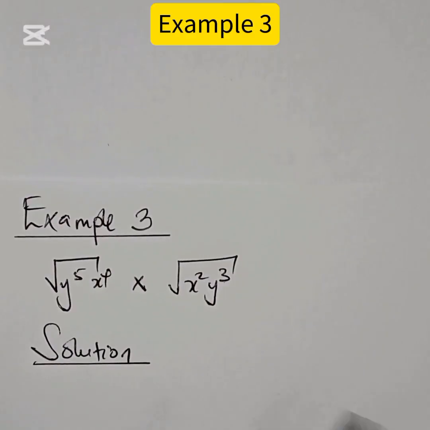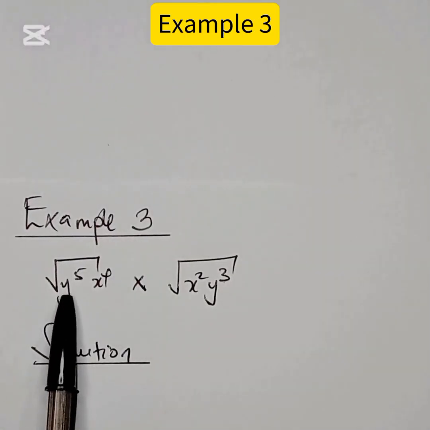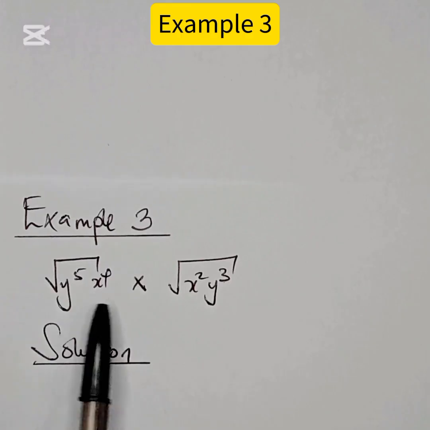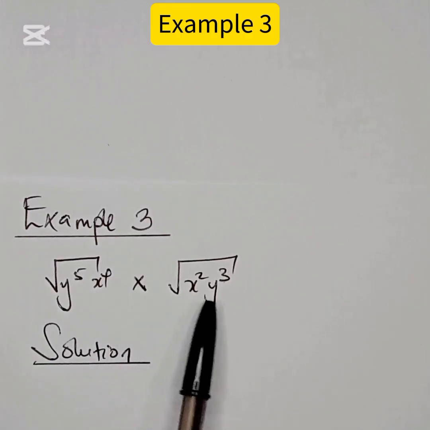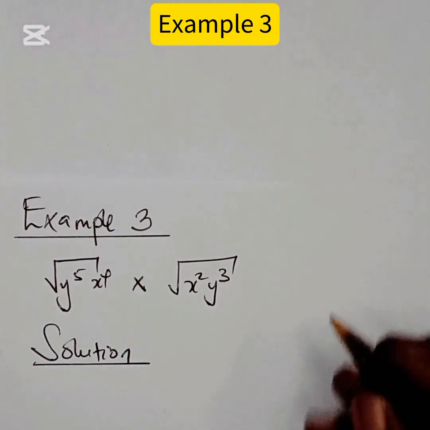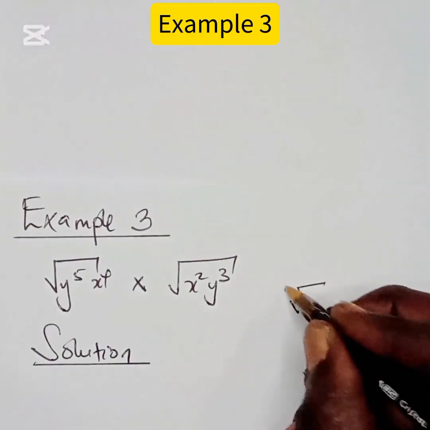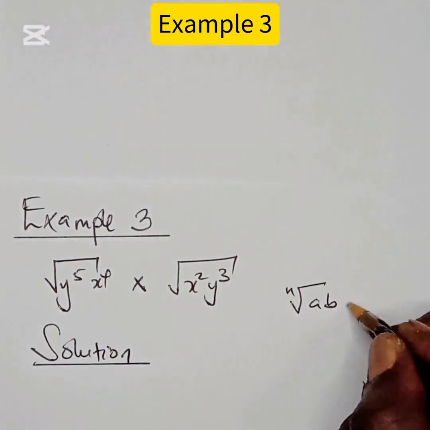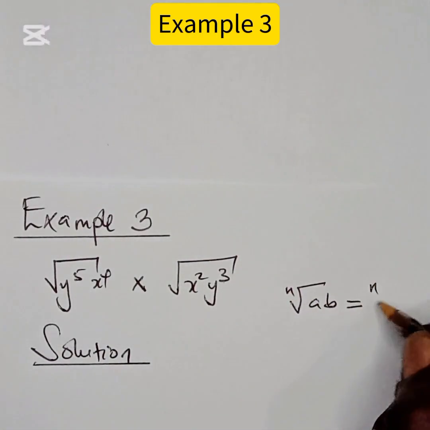Example 3, we are simplifying the root of y to the power 5 x to the power 4 times the root of x squared y to the power of 3. Now again, we are going to use the same law that we've used in example 1 and example 2.